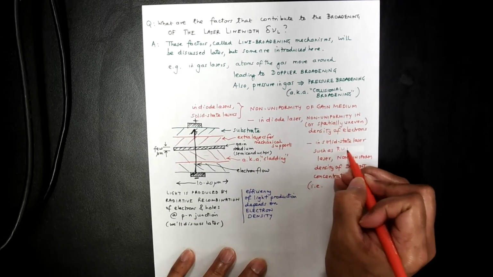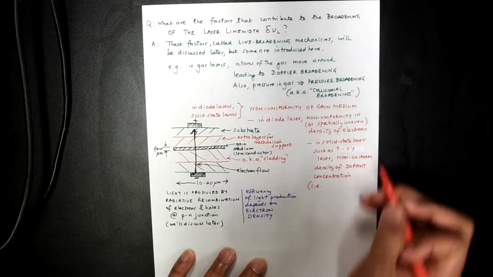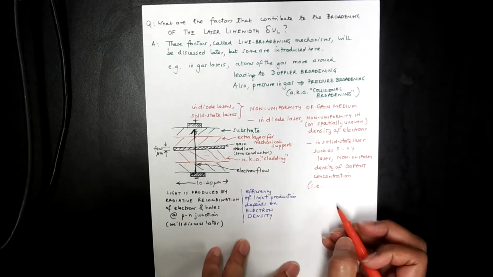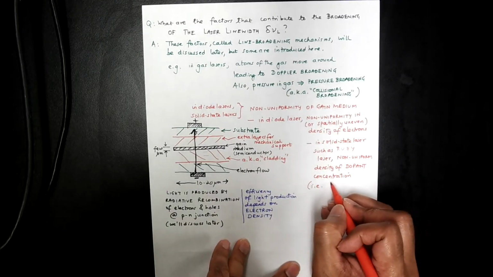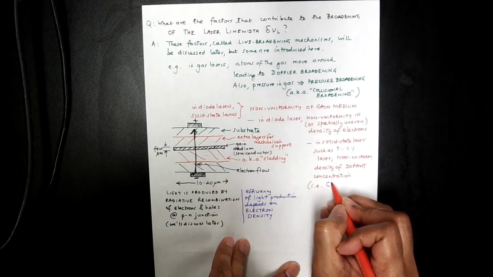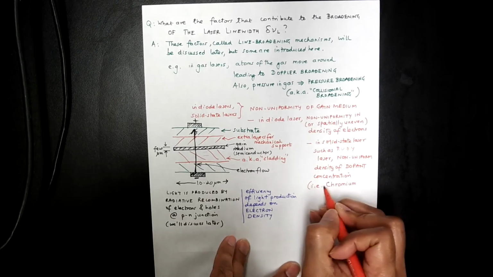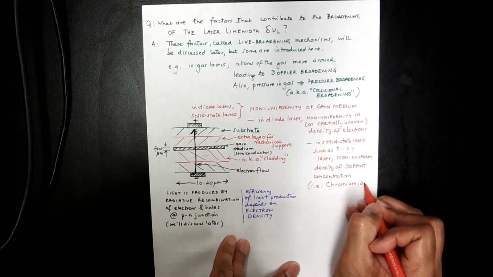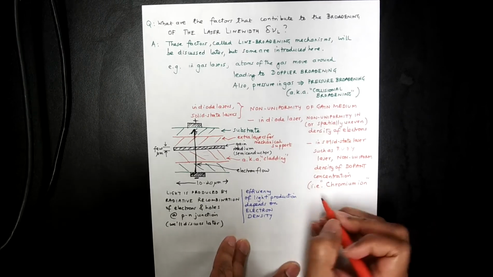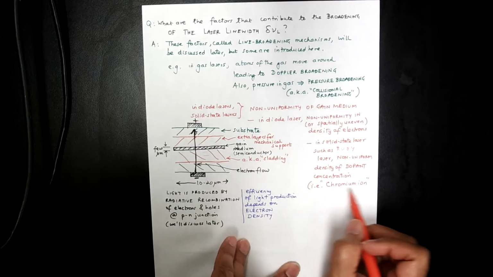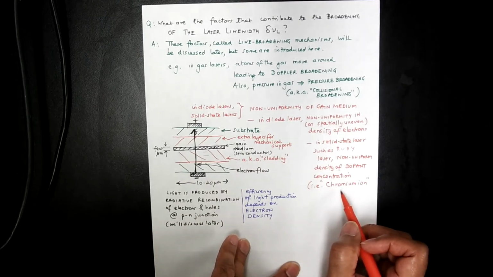Such as, it's the most boring one of all those, but density of dopant concentration. So there it's the chromium ion. The chromium ion is the dopant, and that's the one that actually produces the lasing.